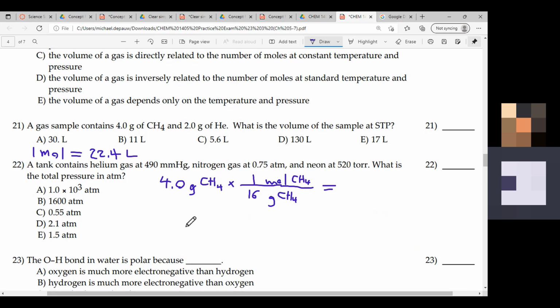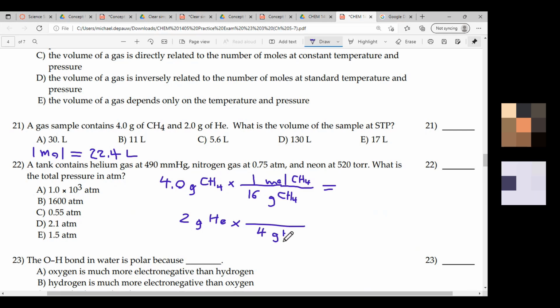Done. And then I have 2 grams, right, of helium? Now, if you look at the molar mass of helium on the periodic table, it's about 4. I mean, it's actually 4.008 or whatever it is, but the truth is, you don't really have to worry about it because these numbers are going to be close enough that if you just put 4 versus 4.008, it's not going to really mess it up.